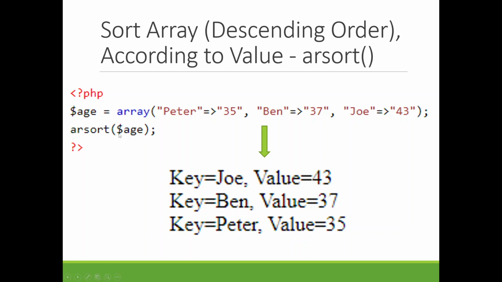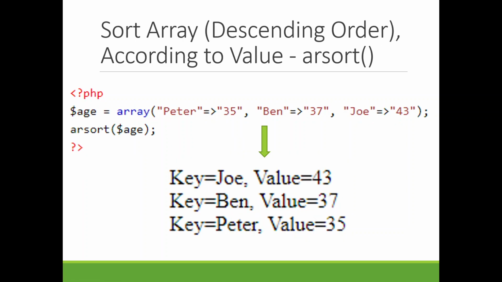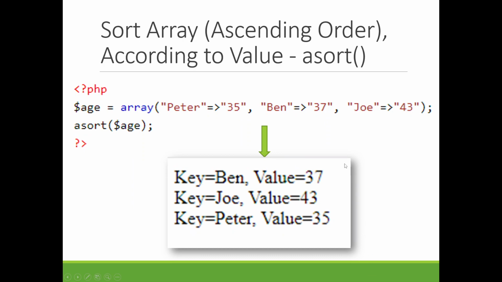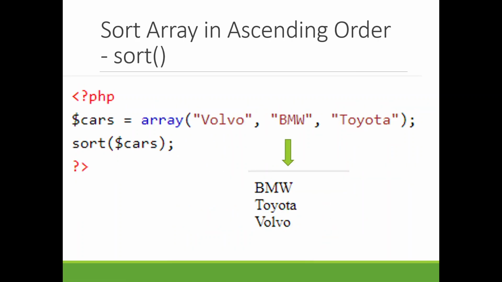I think it's actually wrong. Arsort. Arsort, it's wrong. You can see they're the same as this one. So it's wrong. So arsort is the reverse, eh? So it's going to sort from the biggest according to value, not key. Even asort, I think I messed up. Even this is not correct. Let me just check again. Just a moment.